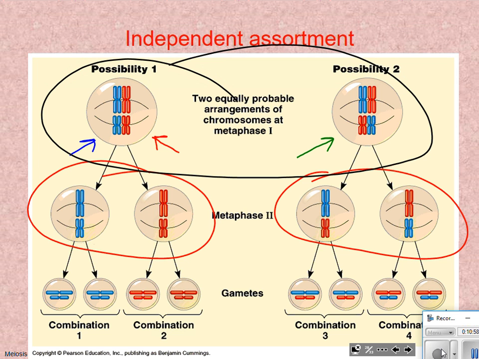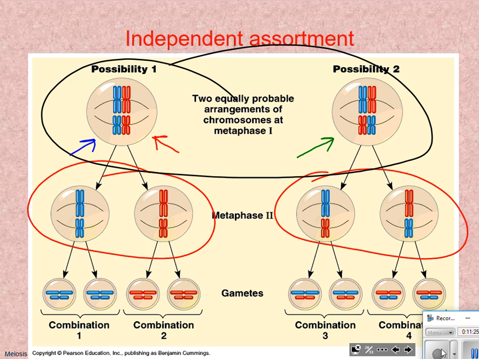Okay? Now, you might not think that this independent assortment, how they line up when they get to metaphase 1, whether they're on the right side or the left side, is a very big deal. You might not think that's a big deal just looking at this, but we're only looking at 2 of them, right?